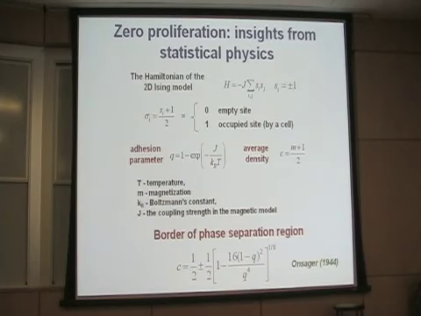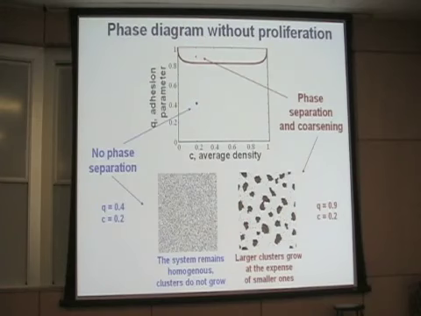An empty site corresponds to spin down. An occupied site corresponds to spin up. Then the magnetization corresponds to the average density, and the adhesion parameter corresponds to the ratio between magnetic coupling and temperature. So we can use this mapping and say that instead of plotting a magnetization-temperature phase diagram, we can plot an adhesion-average density phase diagram.